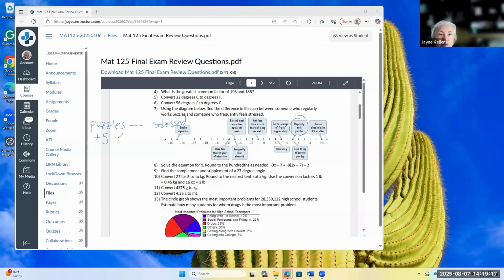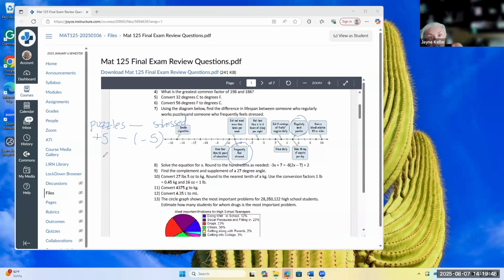I'm going to keep this minus sign. And then someone who regularly feels stressed, what value do we have right here? That's between the -6 and the -4, so that must be -5. So I want to make sure I get the order properly, and I have 5 minus -5.